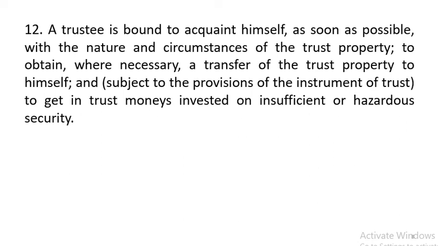But if he has taken no steps whatsoever to obtain the payment, but it appeared that even if he took prompt steps, he would have been unsuccessful, or there is a reasonable ground for believing that they would have been ineffectual, then the trustee is exonerated from all these liabilities.